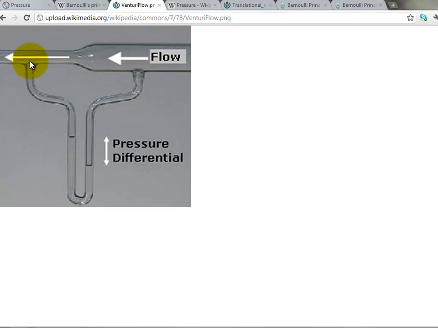The pressure here is low, pressure here is high. High pressure pushes down the liquid in this U-bend here, and you can see the pressure differential, which is positive, being caused by the effect of Bernoulli's theorem.